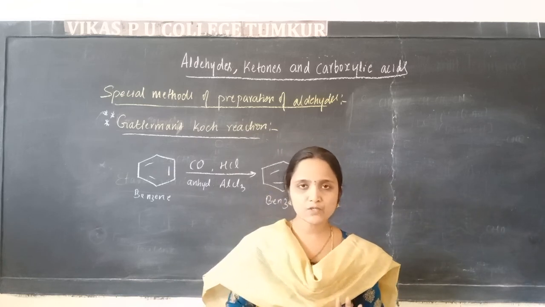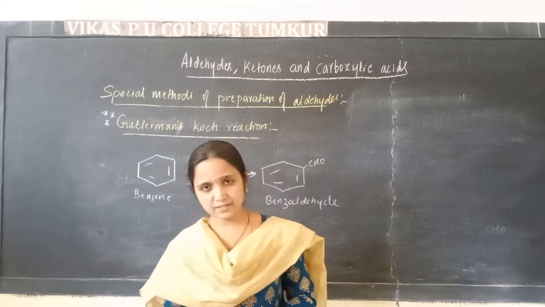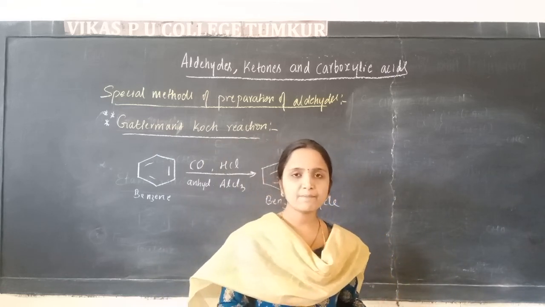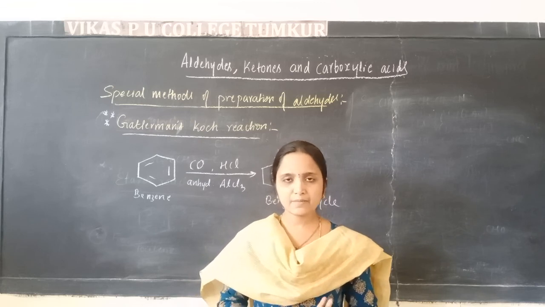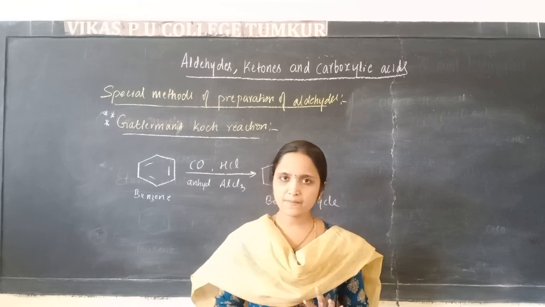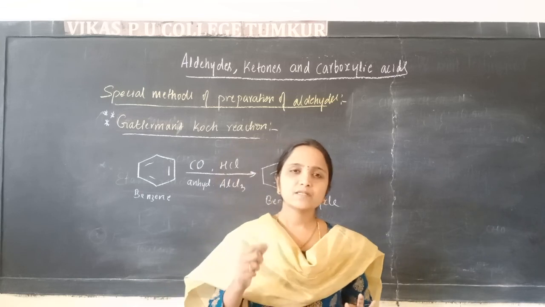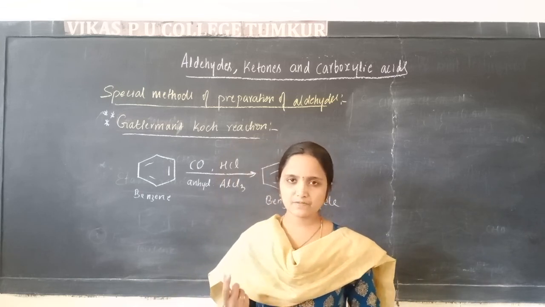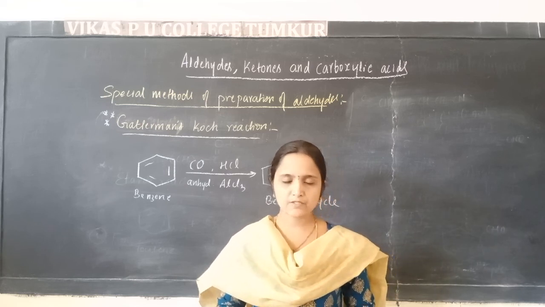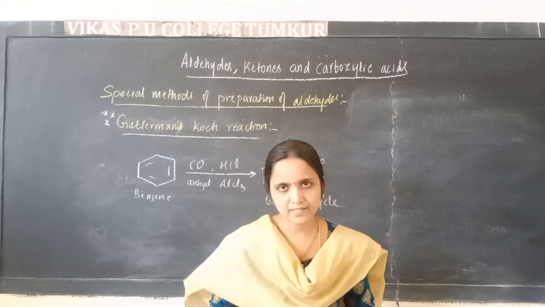We discussed the Rosenmund reduction, that is, acid chloride undergoes reduction with hydrogen in the presence of palladium on barium sulfate, and we prepared benzaldehyde. Then in the Stephen reaction, nitriles react with stannous chloride and concentrated hydrochloric acid to give imines. This on further hydrolysis gives aldehydes.